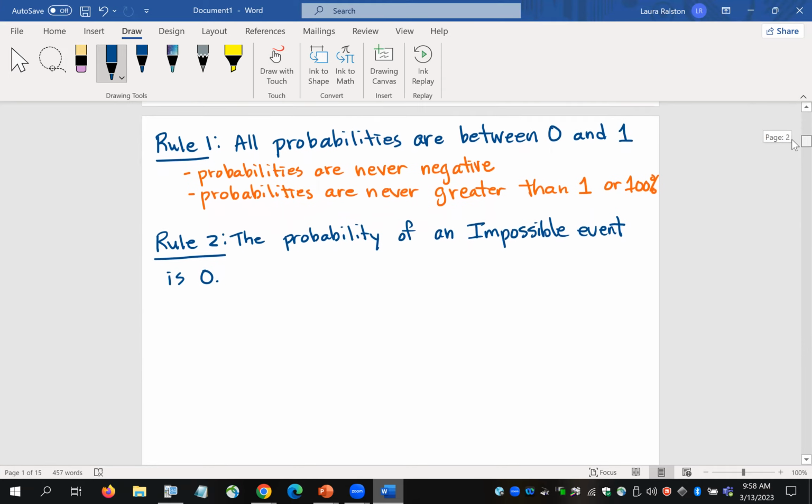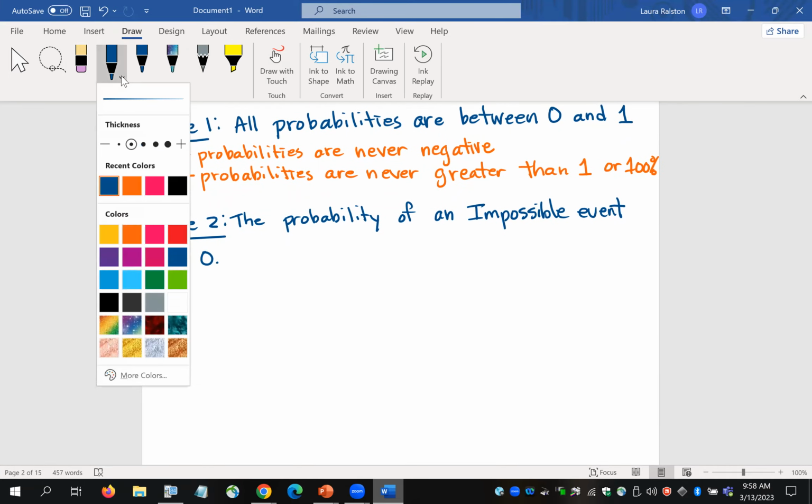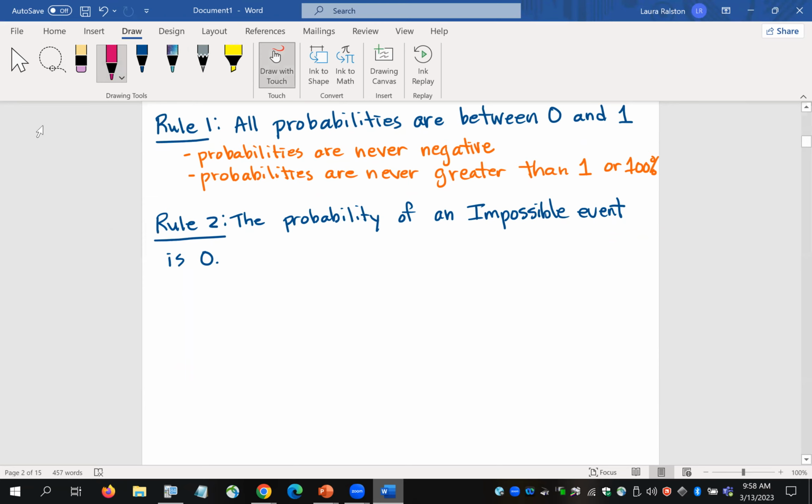Meaning if there's no way, no how that that event is going to occur, regardless of what you do, its probability is 0. 0 means it is impossible. In symbols, the probability of an impossible event is 0.